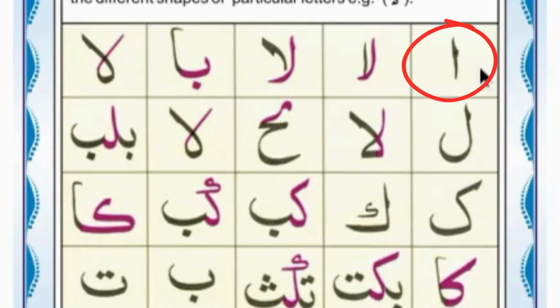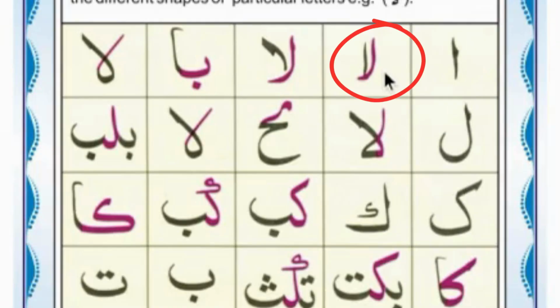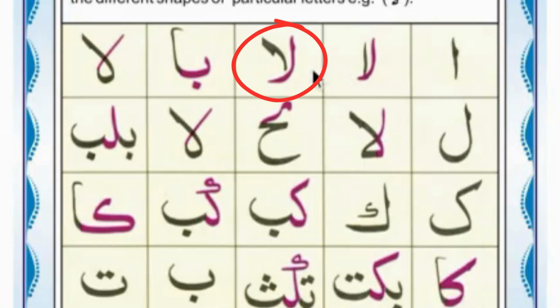Okay, row number 1, it's alif. Next is lam, alif. Next is lam, alif.